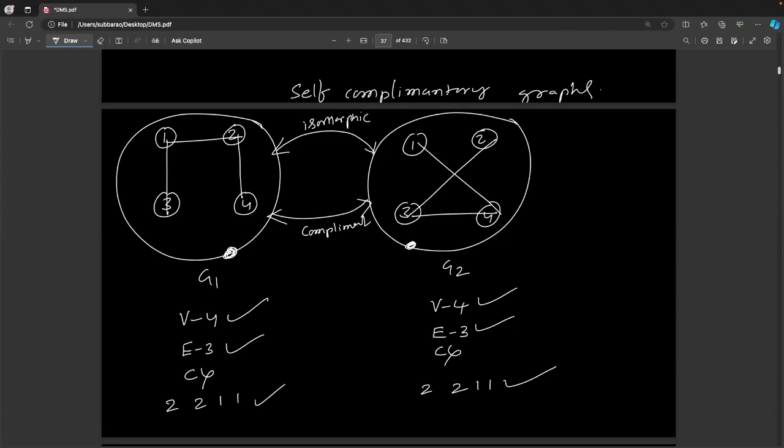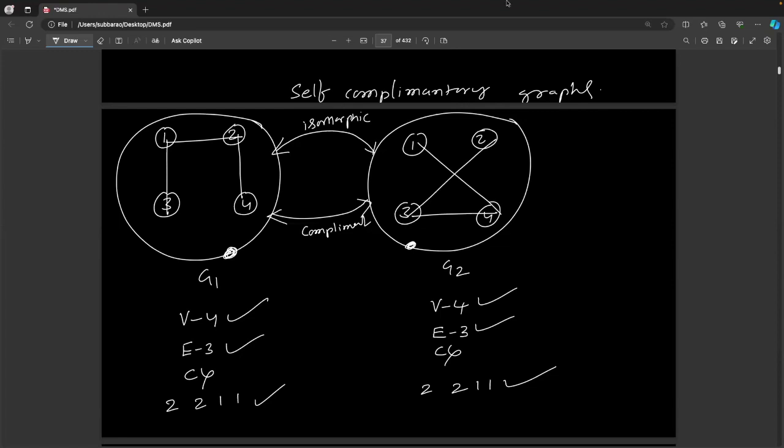Some people are asking what self-complementary graphs mean. Let us assume that I am G1. I did the complementation and got G2. The interesting thing is that G1 and G2 are isomorphic to each other.